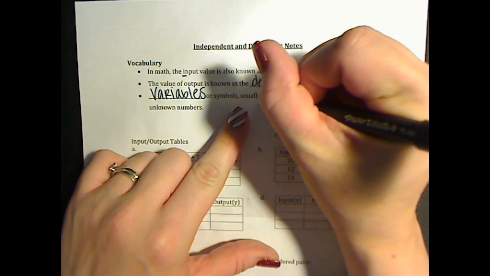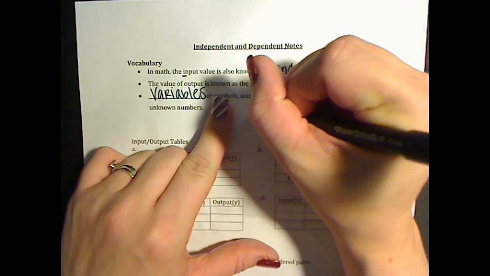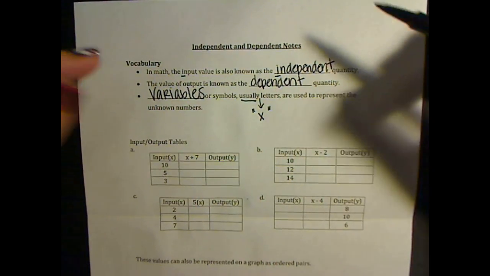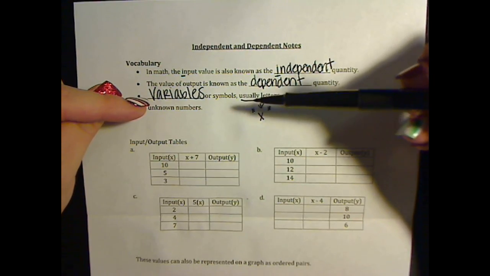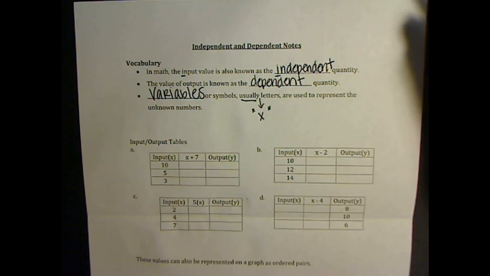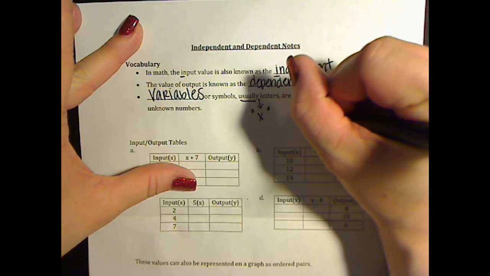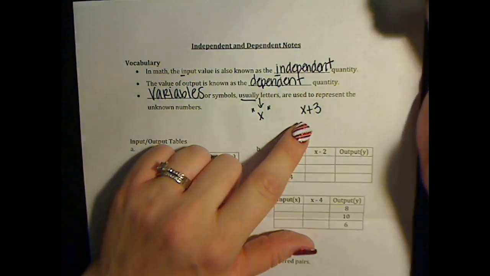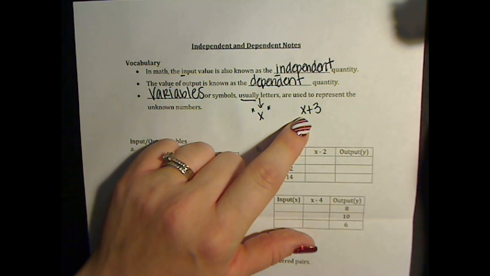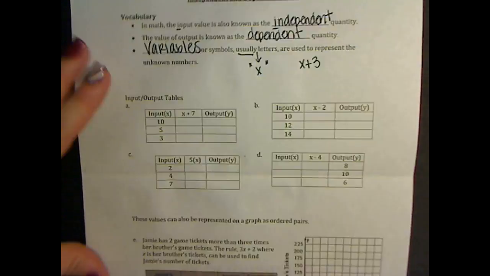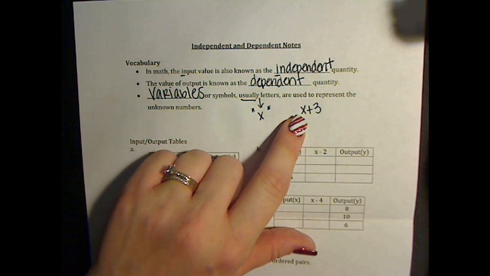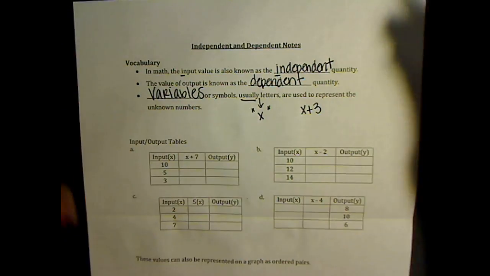It's usually the letter X. So a variable is a letter that represents a number that I don't know yet. For instance, X plus 3 is saying some number plus 3. X is a number I don't know yet, and I would be adding 3 to it. So we use this variable, X, to represent a number that we don't know.